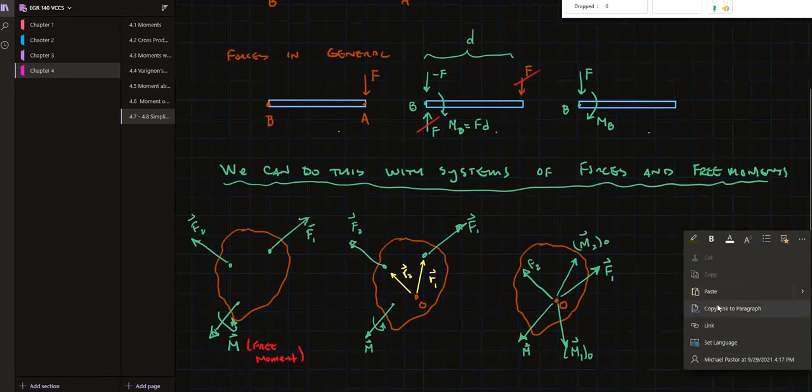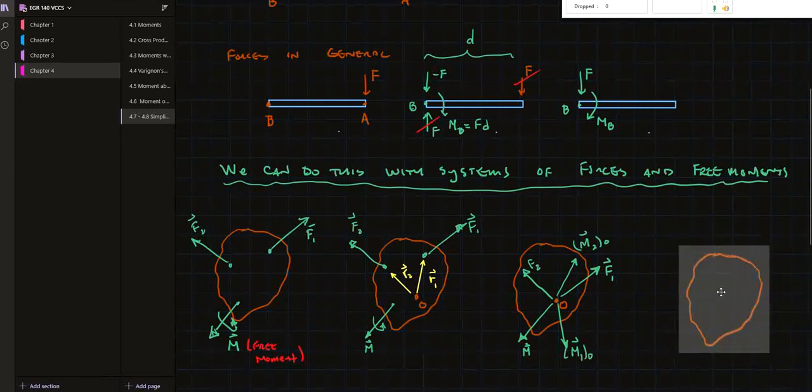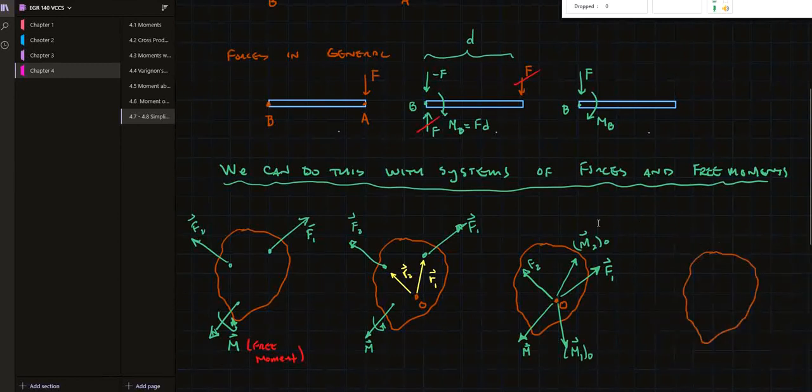And now I can just come up with my resultants. First off, I'll have a resultant force. It looks like it's heading somewhere up this direction.